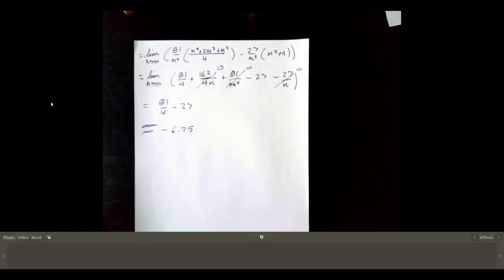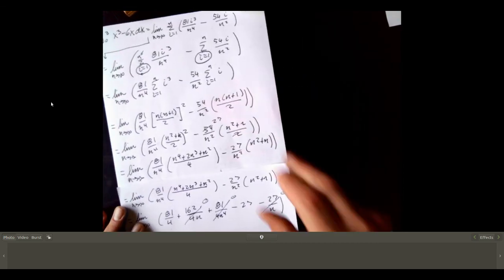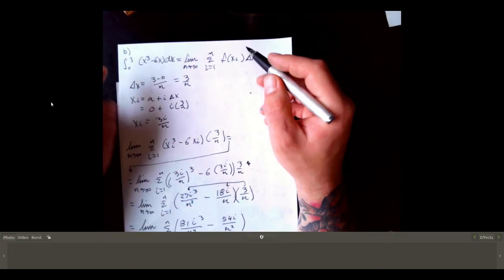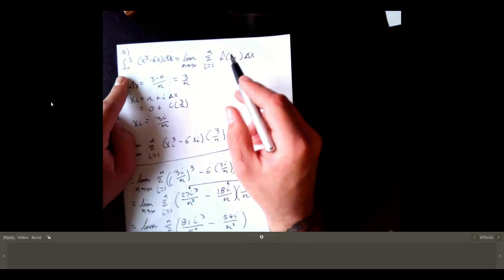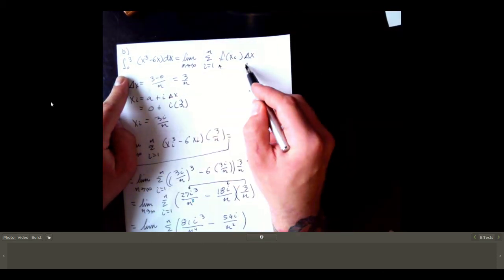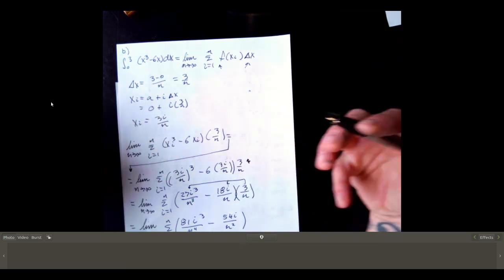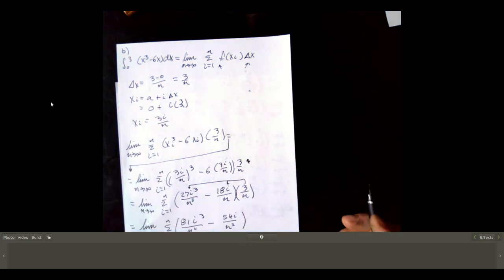So there was a lot to this problem. Where did we begin? Really, we began here. For part B, this is just using our definition and we're trying to figure out the pieces. Well, we need to figure out a delta x when we're going to be using that limit definition.